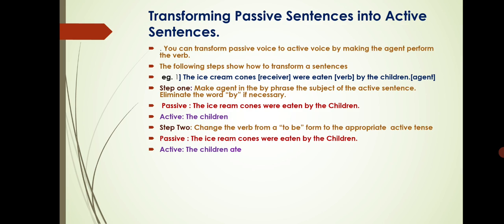Passive sentence: the ice cream cones were eaten by the children. Here, were eaten will be changed into ate, as we have seen through the formula, to be form plus past participle. So, were eaten will be changed into ate.